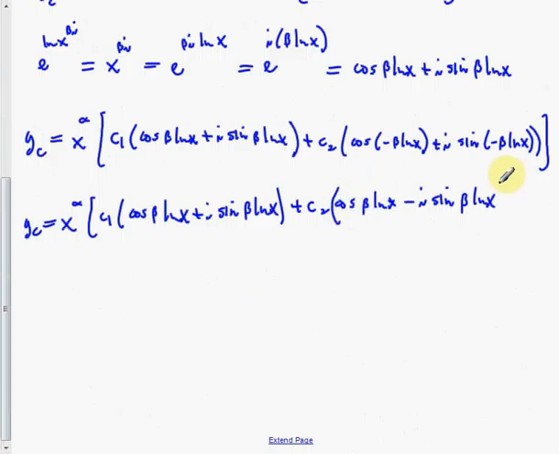Parentheses here, parentheses there, close that up. Now I'm going to get the like terms together. I'm going to get the cosines together and the sines together.